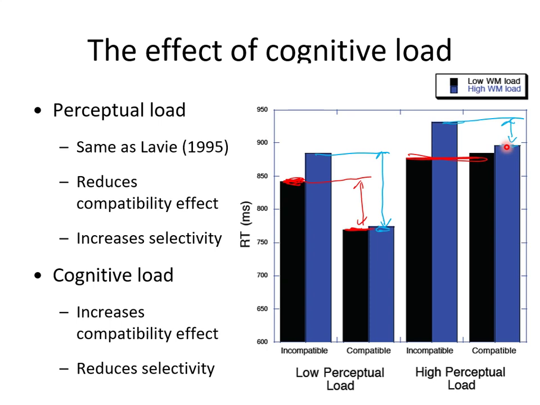So from this graph, you can see the two different kinds of load effects are added together. But then we can still separate them and look at each one. Now, for the cognitive load manipulation in terms of working memory load, a higher load will increase the compatibility effect, which means poorer selectivity.